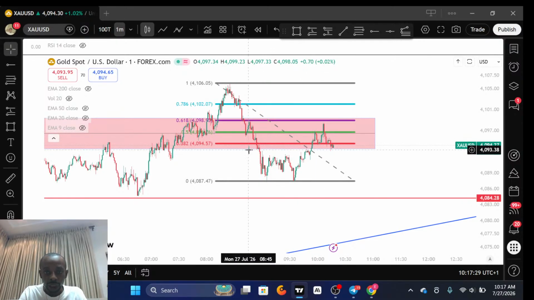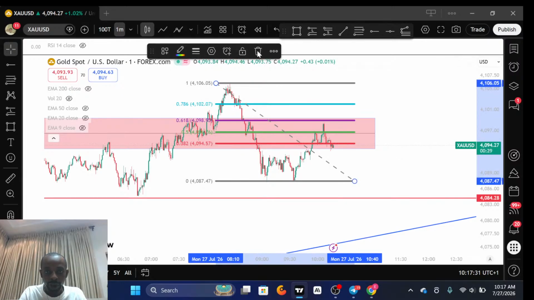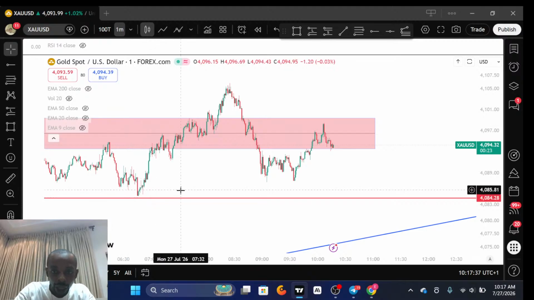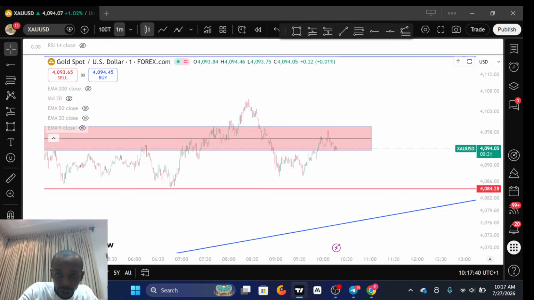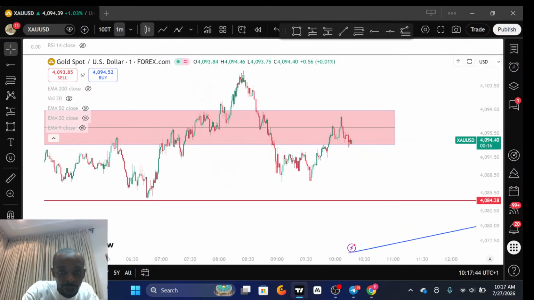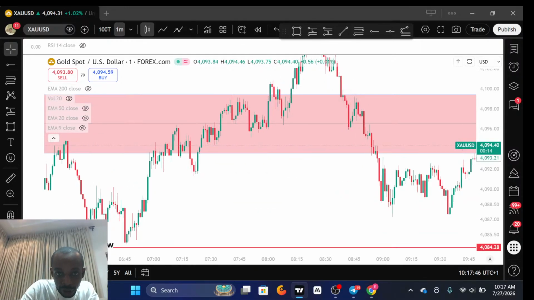You understand? Now let me teach you something here. You cannot enter a market where there is no new break of structure. What does it mean to have a break of structure? A break of structure or a lower low means, let me give you a practical example.